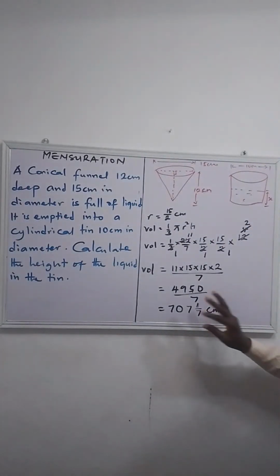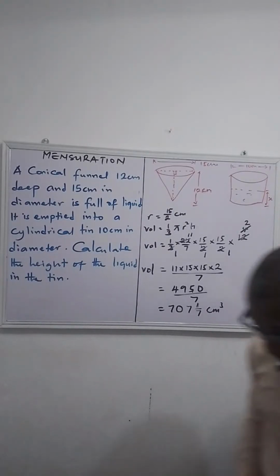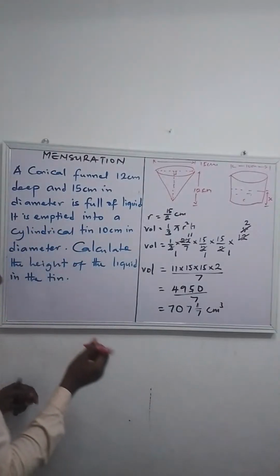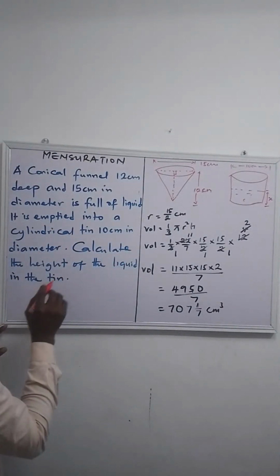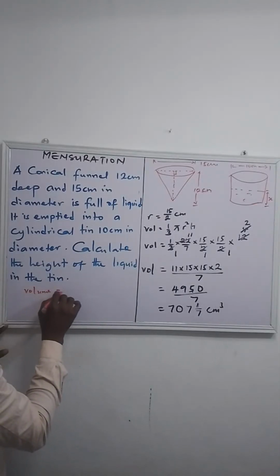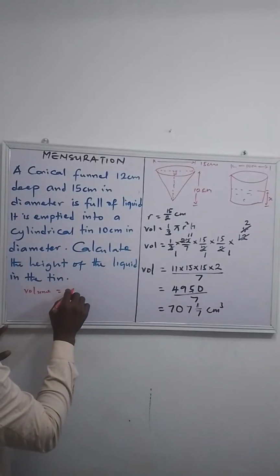Now this volume, we are pouring it here now, so to know the height, we now have the volume of the cylinder. That is what?